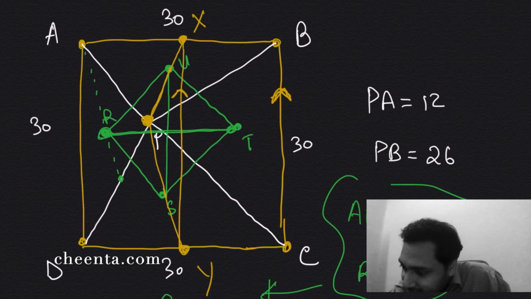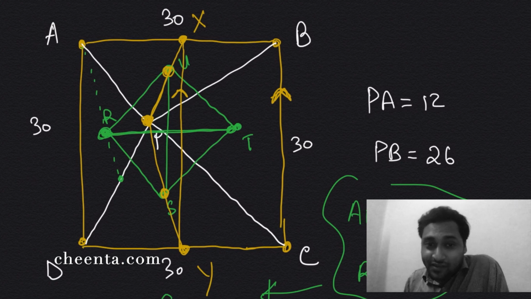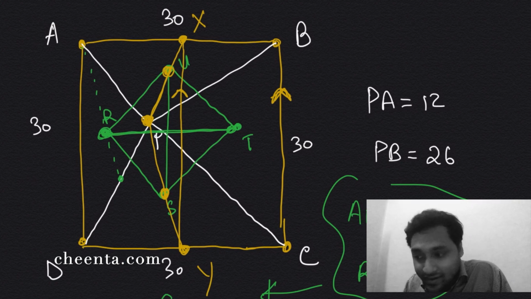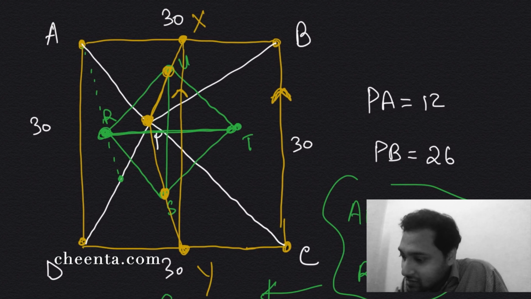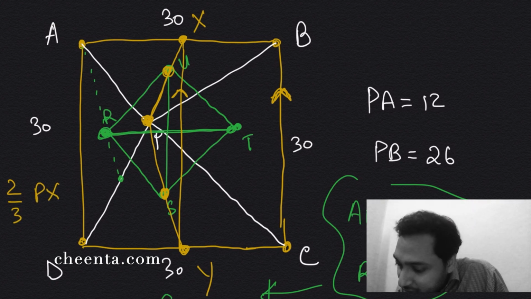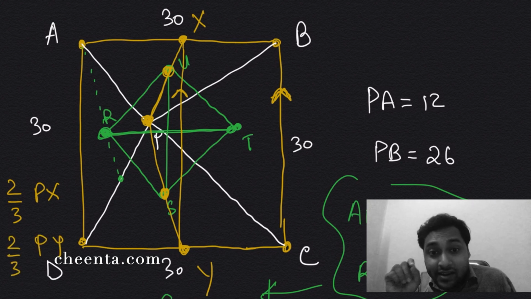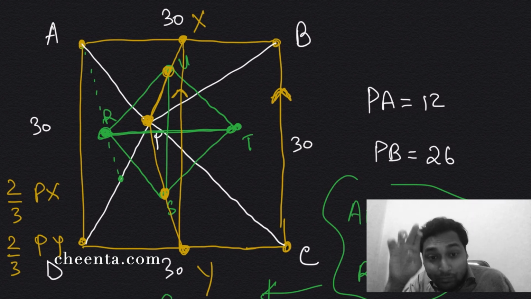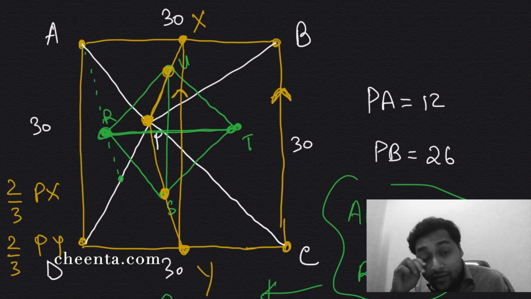The good news is that there is a little bit more information that we have about the centroid. For example, we know that PU is 2/3 of PX and PS is 2/3 of PY, because the centroid divides the median in 2:1 ratio.